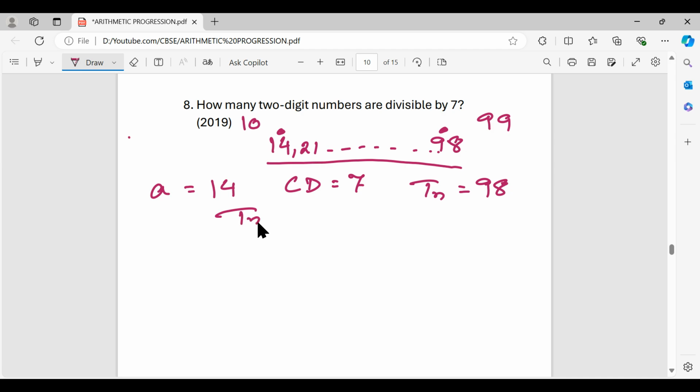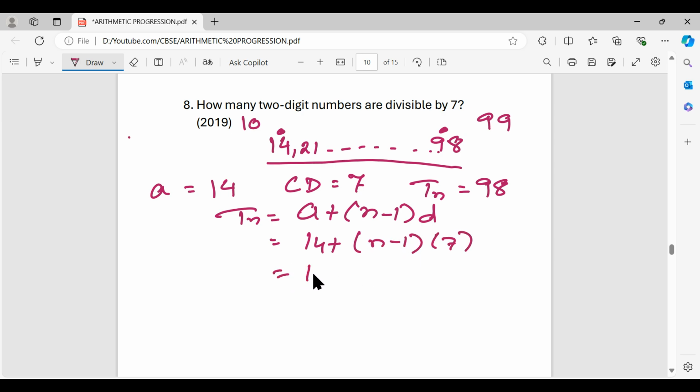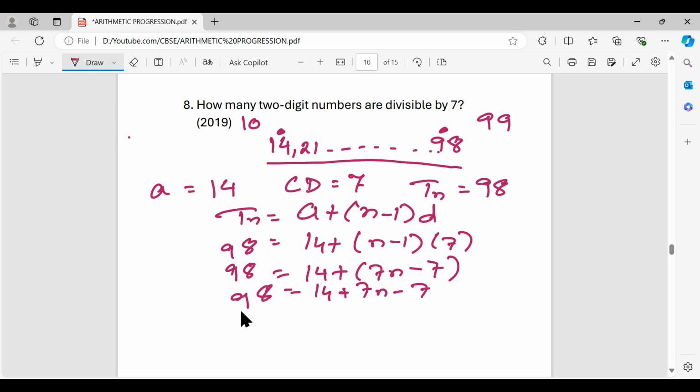Now you write the rule, tn is equal to a plus n minus 1 times d. So a is 14 plus n minus 1 times the difference 7. So you will have 14 plus 7n minus 7, and we are looking for the position where we get 98.